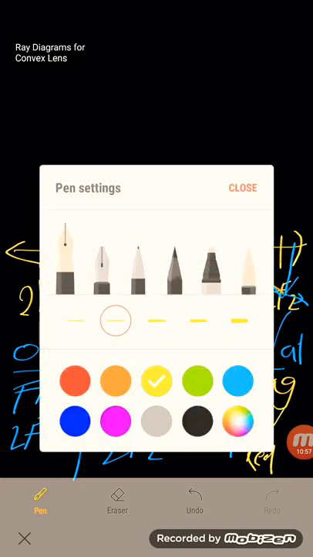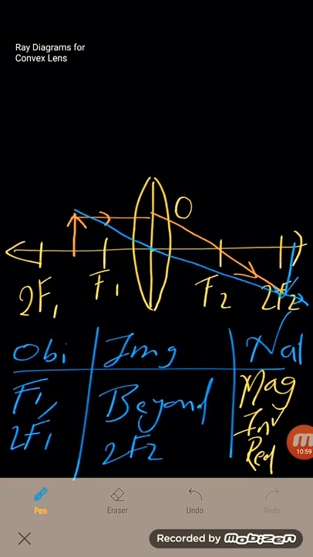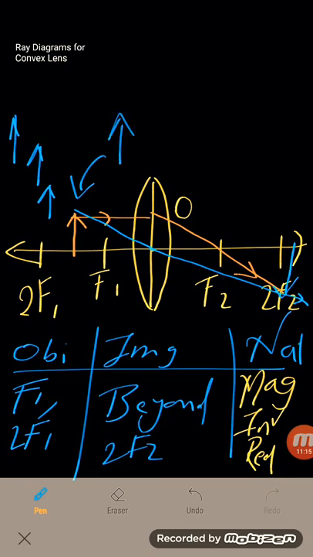right? So think this, if we have placed the object at infinity, then beyond 2f1, then at 2f1, now between 2f1 and f1, now we are going to place the object at f1 in our next diagram.